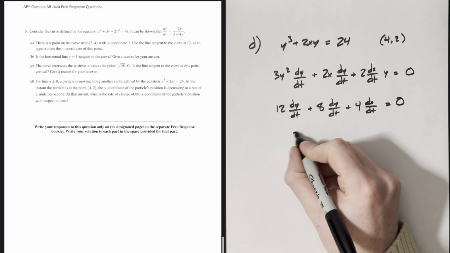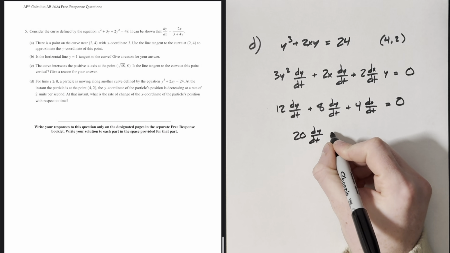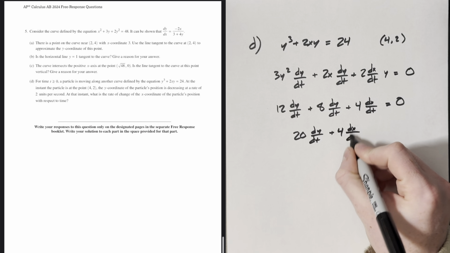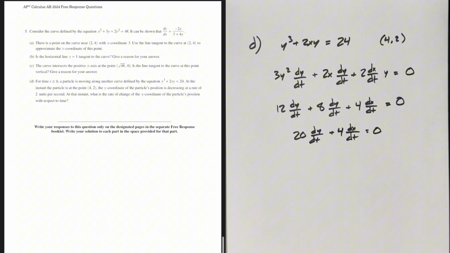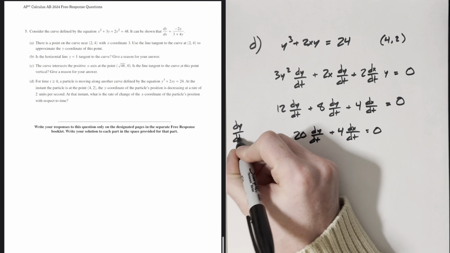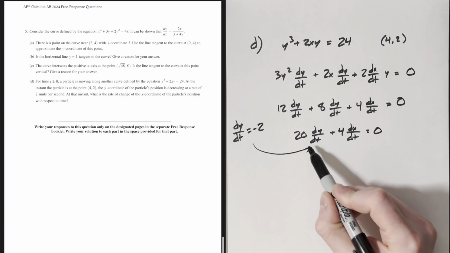I'll combine these two terms, get 20 dy/dt plus 4 dx/dt equals 0. So now we have two variables, which are the rates of change, and one equation. But the beautiful thing is they tell us the rate of change of the y-coordinate, which basically represents our dy/dt. And it tells us that it is equal to -2.